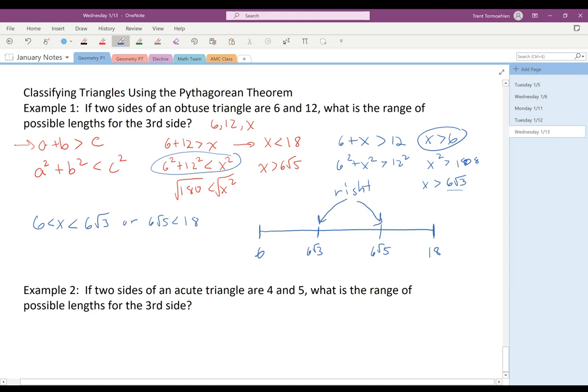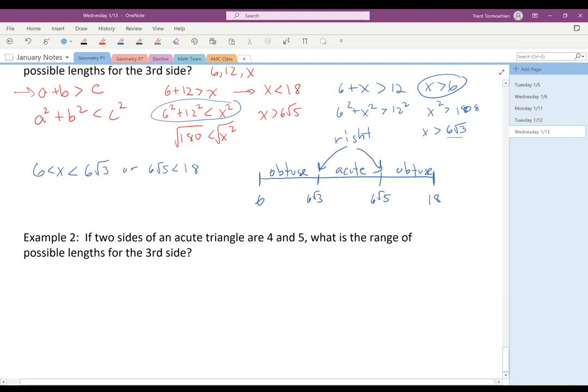And then it turns out, if you make this continuum, that if it's between the two on the left or the two on the right, that's when it's obtuse. And so that means that what's left in between is when it's acute. And so this picture will always work for you to determine what values for this third side tell us if it's going to be an acute triangle or an obtuse triangle.